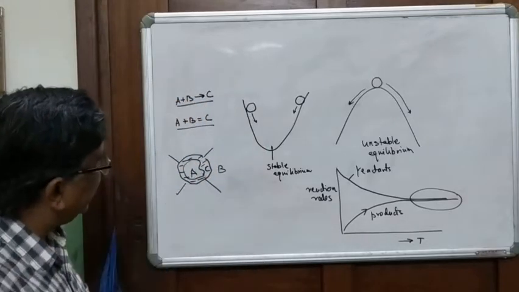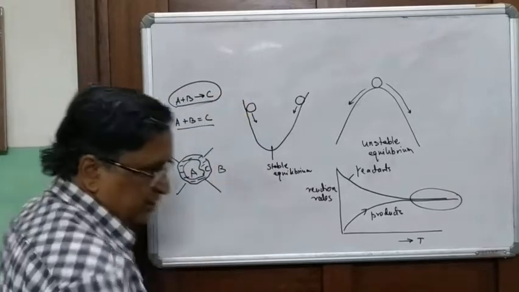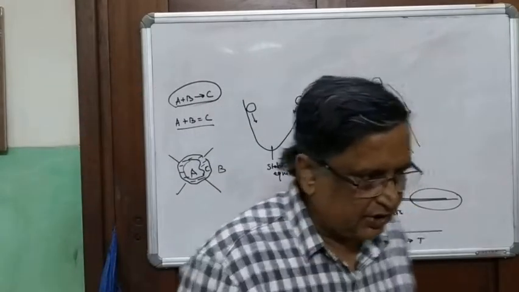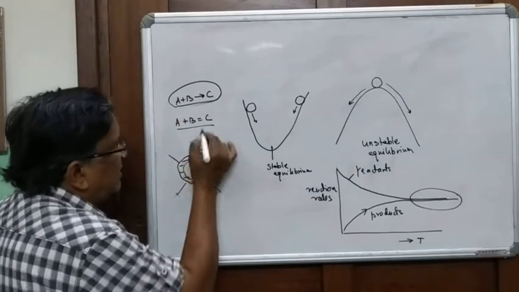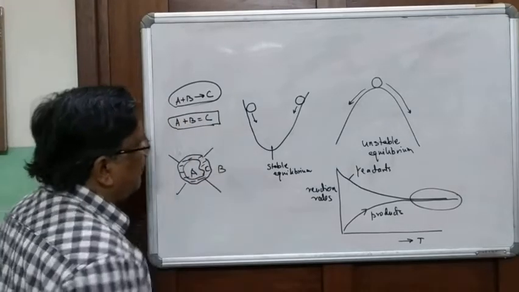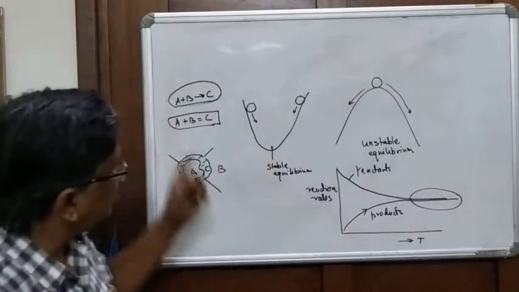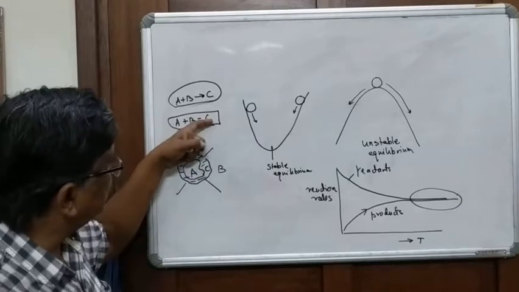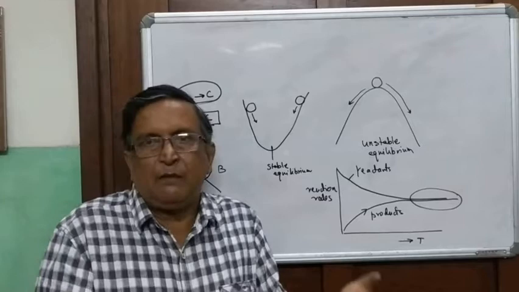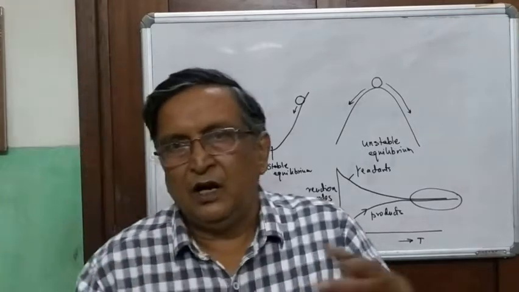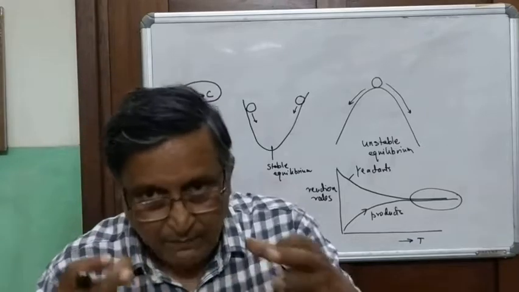But what we can imagine here is that although this is the actual situation, we can approximate it by taking this type of reaction, A plus B is equal to C, meaning that A plus B reacts to produce C, and C reacts to produce A plus B. So it's sort of a stalemate, where both the reactants and the products are in a stable equilibrium.